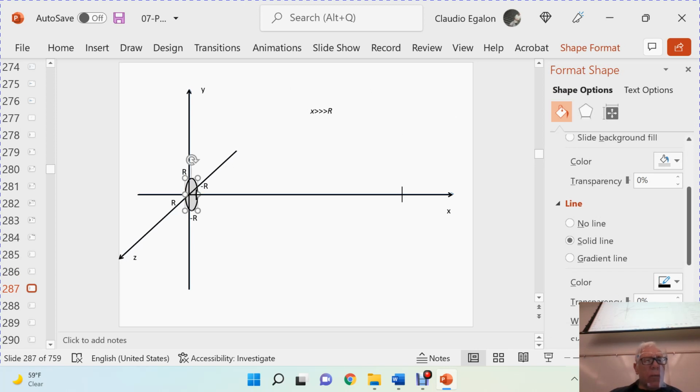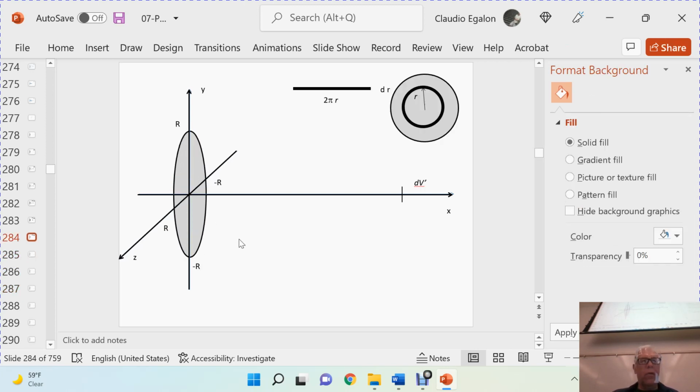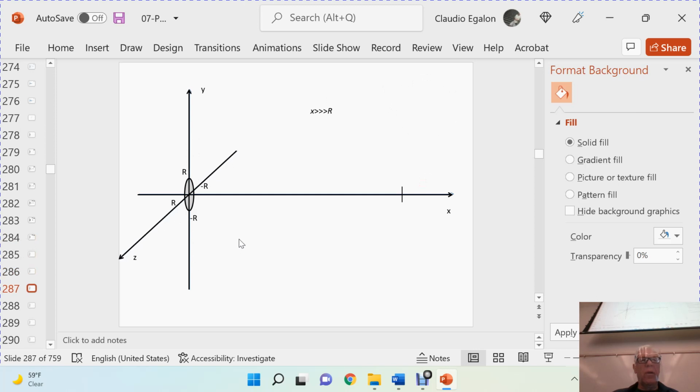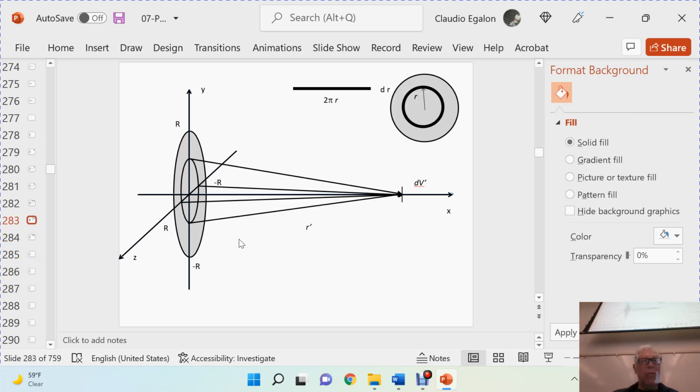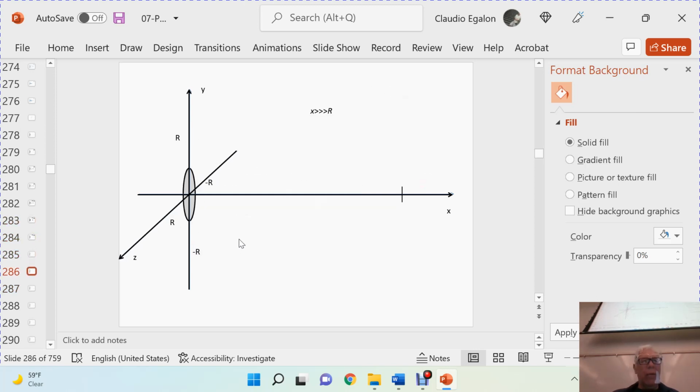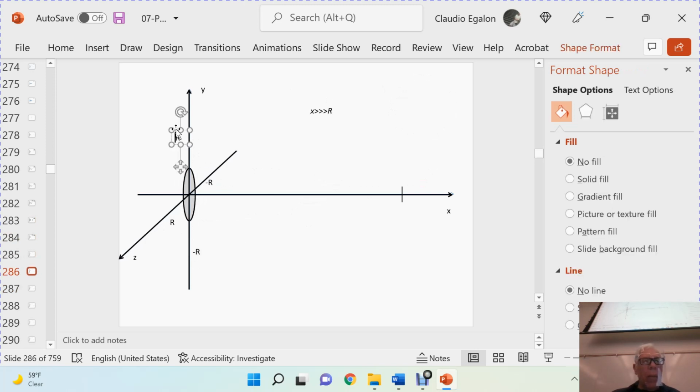The disk starts to behave like a point charge. Larger, larger, larger, right? Smaller, smaller, smaller. That's the picture that you must have when we start to look at those cases in which you're making your x much greater than R.